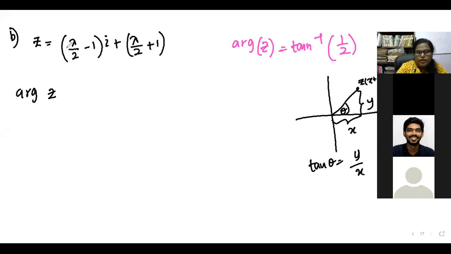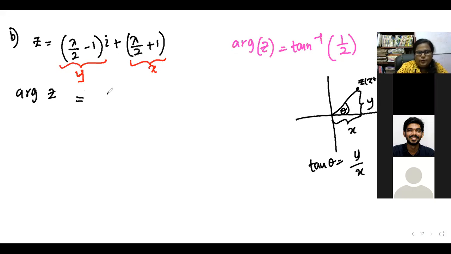So here also, this is the y value, because the y value means the coefficient of this imaginary part. As well, this is the x part. So by using this one, you can go for this result, because since we don't know the lambda value, we can't draw the exact complex number on this Argand diagram.